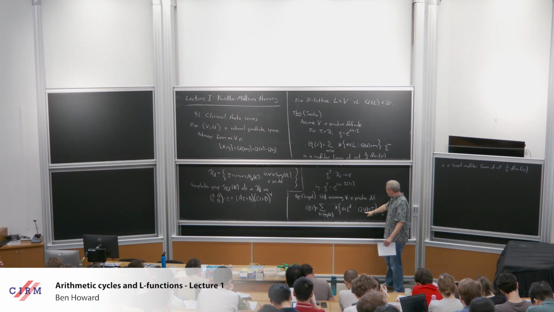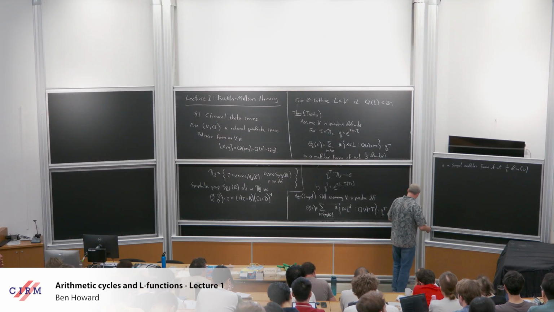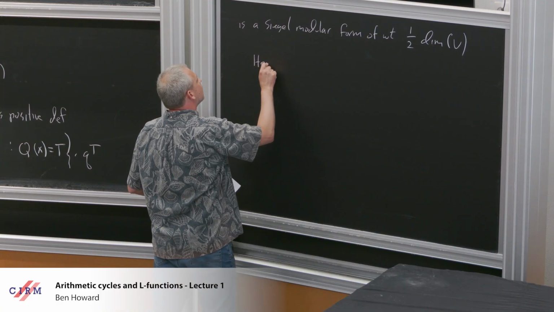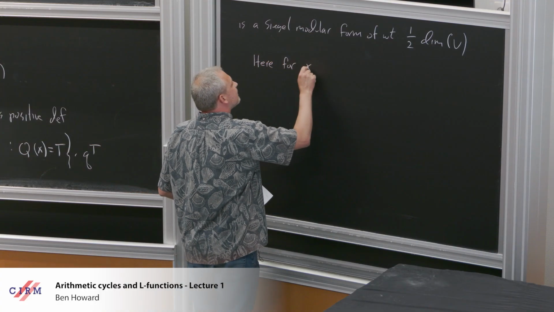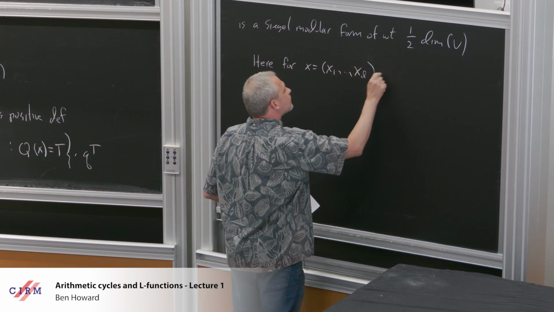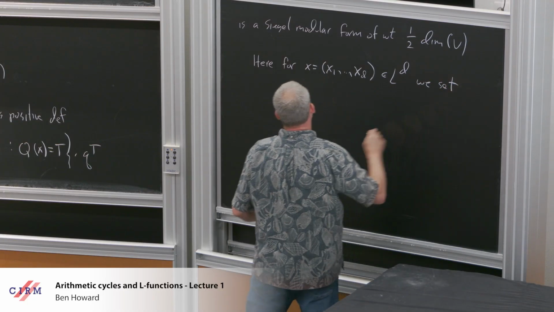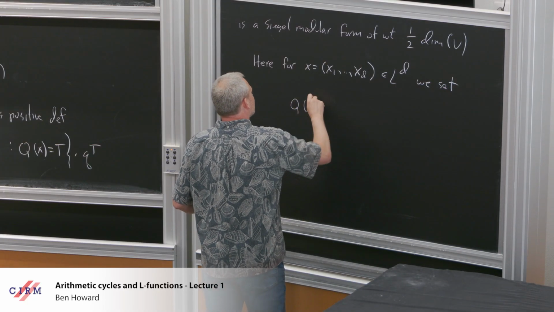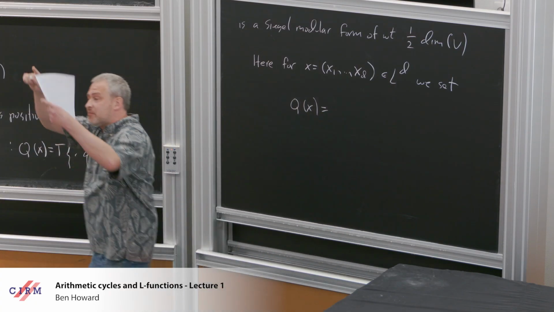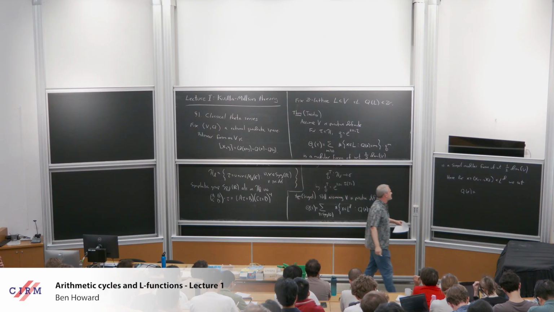And what does this q of x mean if x is a d-tuple? Well, q of x is the moment matrix of the tuple. So if x is a tuple of vectors, q of x is the symmetric d by d matrix that you get by taking the matrix of inner products, but you put a 1/2 in because we're using the number theorist normalization.